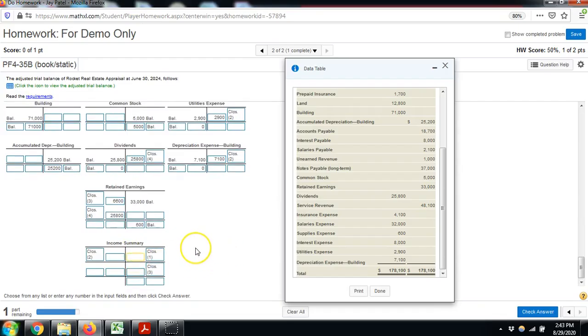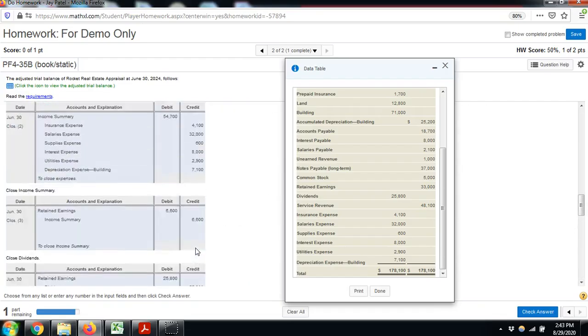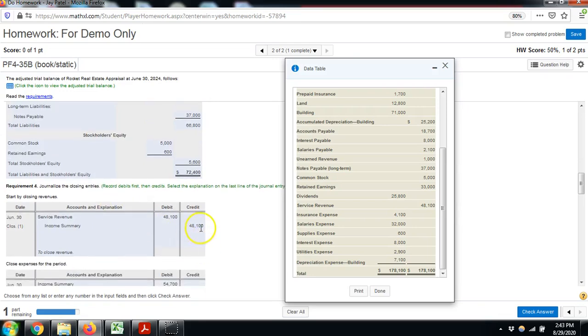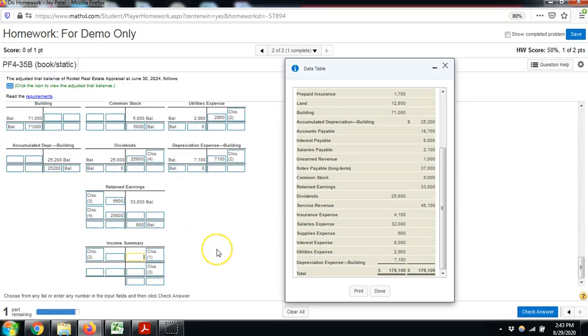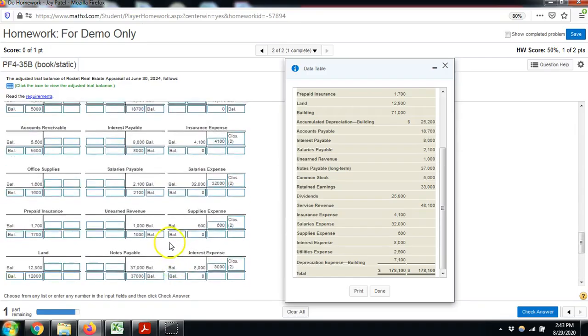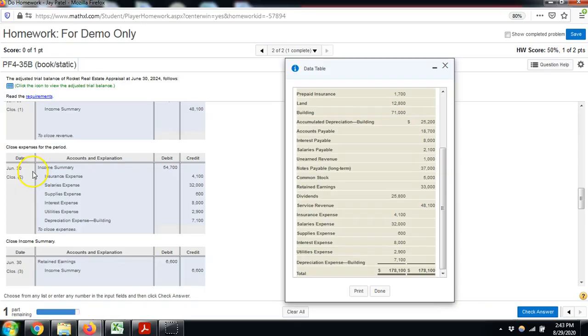So closing entry 1 was our revenue, and the amount was $48,100. And then closing entry 2, if we look back up here, income summary, debit $54,700.